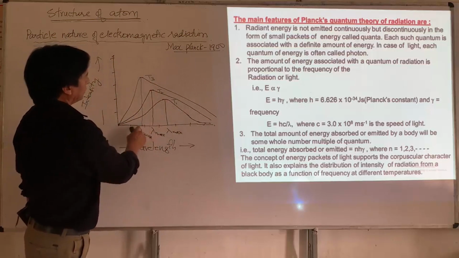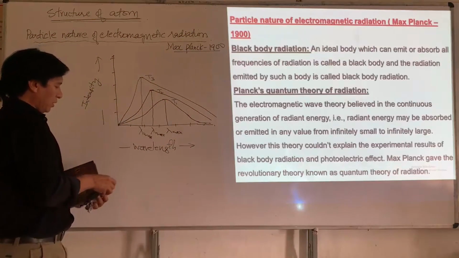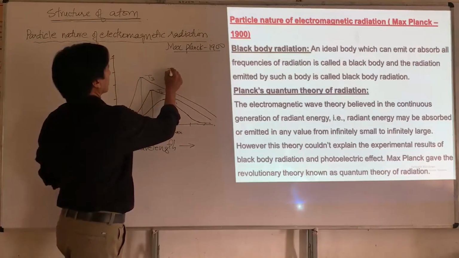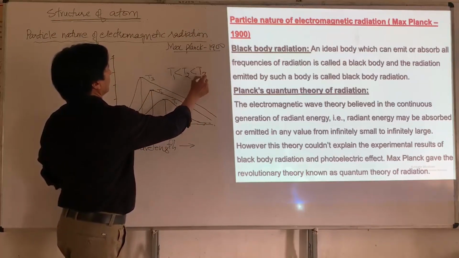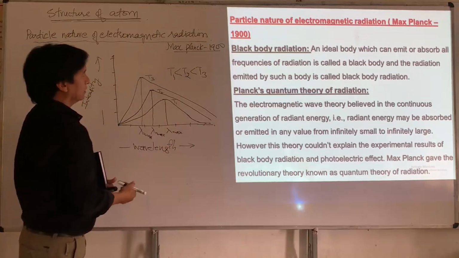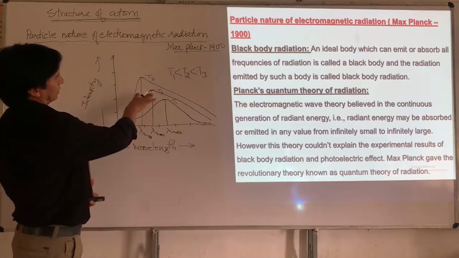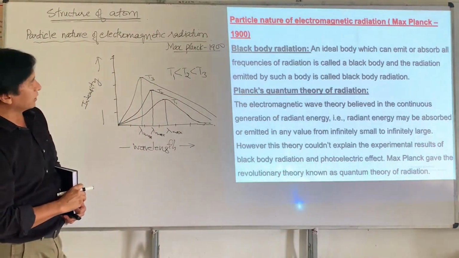Like here at this temperature T1, T1 is less than T2, T2 is less than T3, which means T3 is the greatest temperature. Here T3 is greater than T2, T2 is greater than T1. So at different temperatures you will see the intensity to be different.